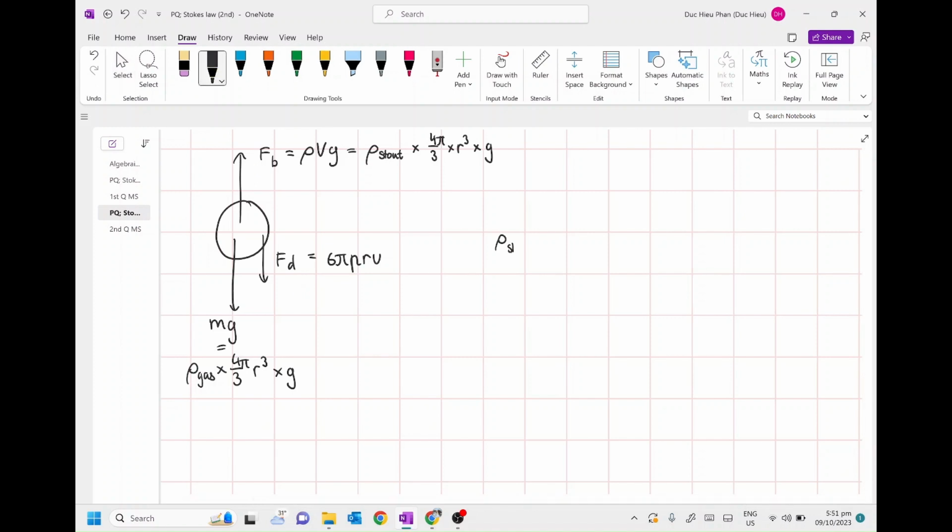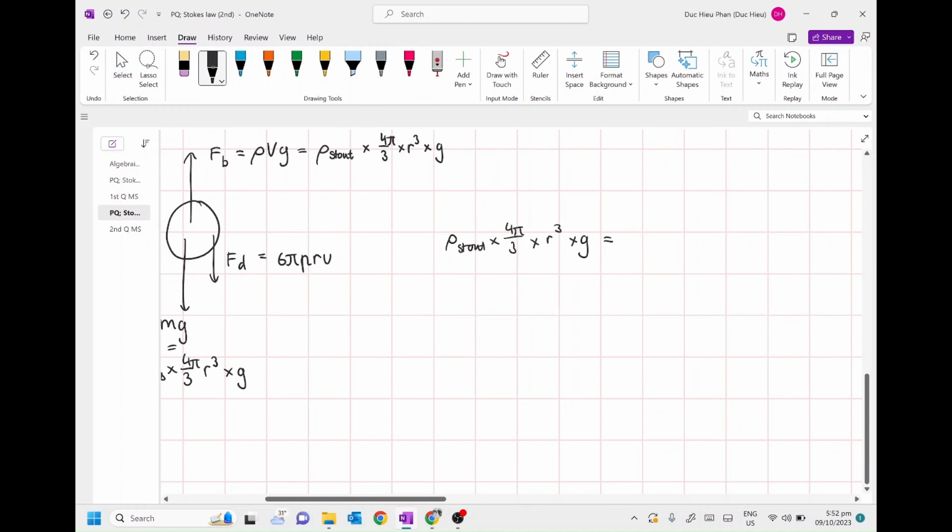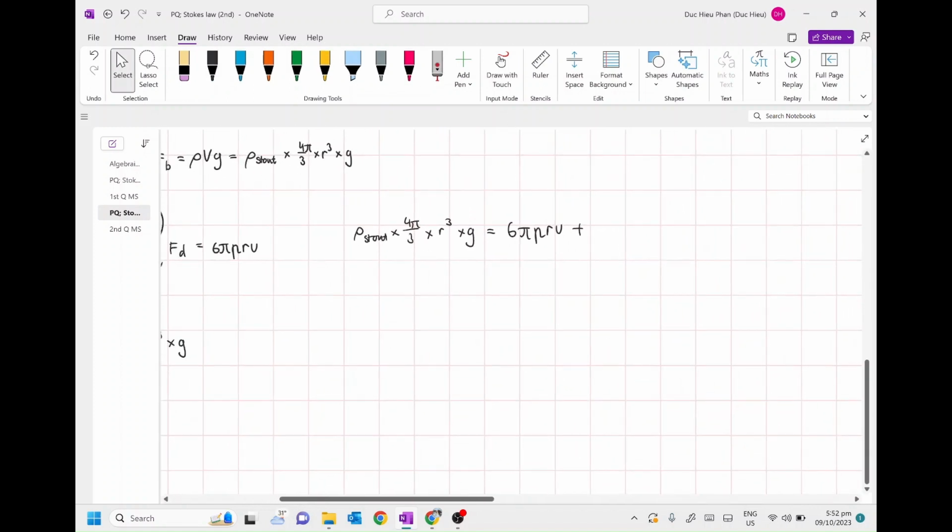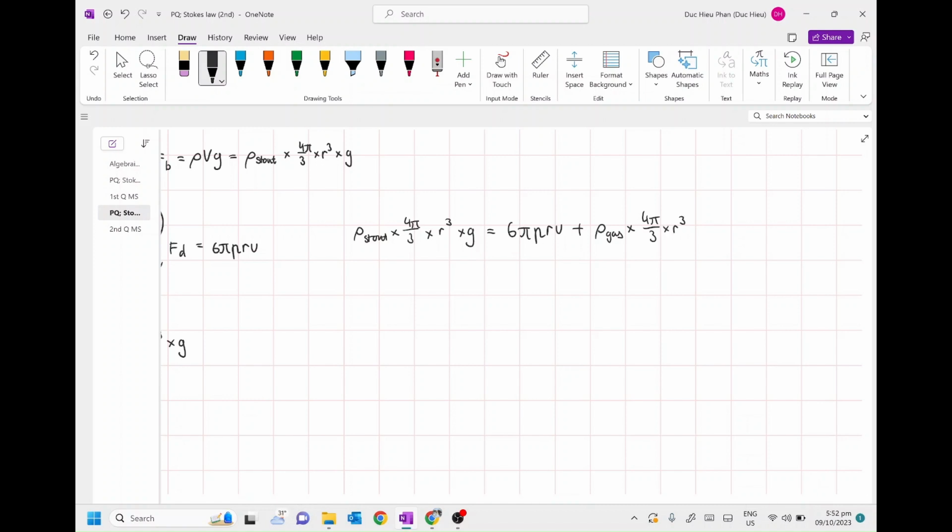The density of the fluid times the volume of the fluid displaced, times the gravitational acceleration, is equal to the viscous drag force plus the weight, which is the density of the gas times the volume of the bubble times gravity.